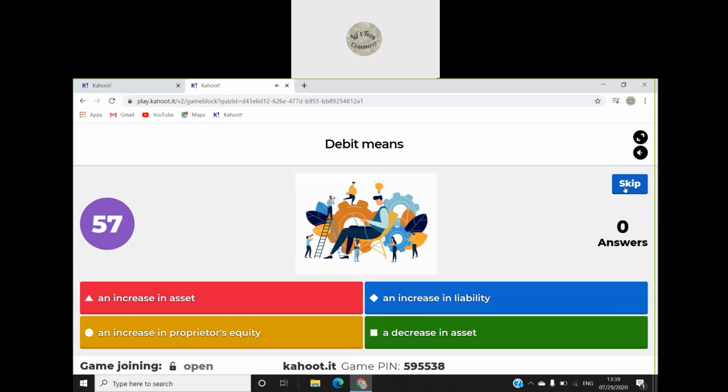Debit means an increase in asset, an increase in liability, an increase in proprietor's equity, a decrease in asset. Only 25 seconds left.